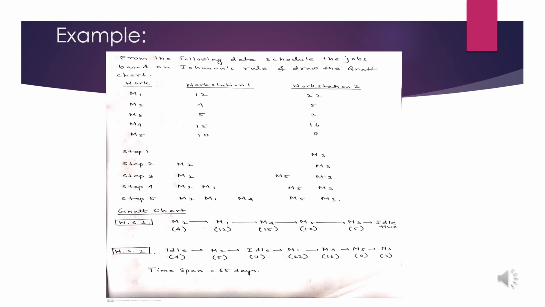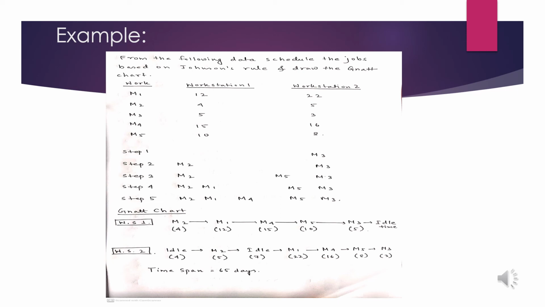Coming back, how to draw the Gantt chart in workstation 2 once the idle time has been put at the back end. The schedule will be the same for workstation 2: M2, M1, M4, M5 and M3. This will be the actual schedule.